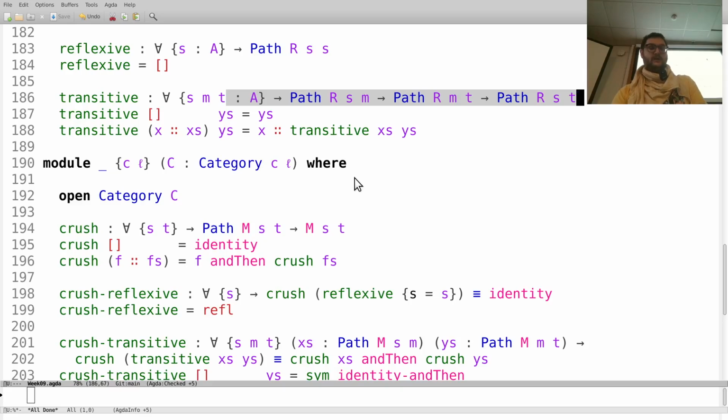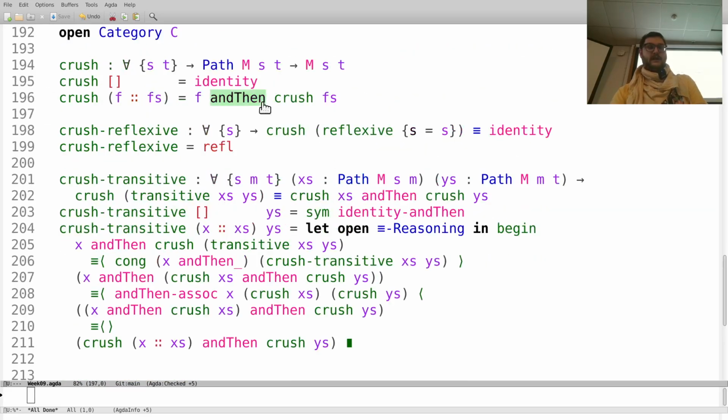And crush, what is it doing? It's turning an arbitrary path into something else with the same endpoints, such that you're preserving the identity, you're turning the identity on the left into the identity on the right, and you're turning the composition on the left into the composition on the right. So this time it's not a monoid homomorphism, it's like a homomorphism of categories.